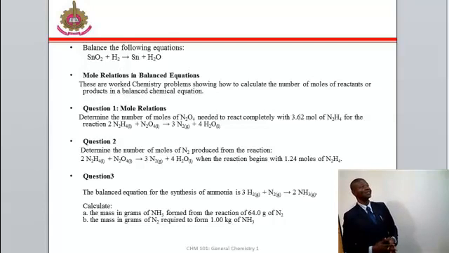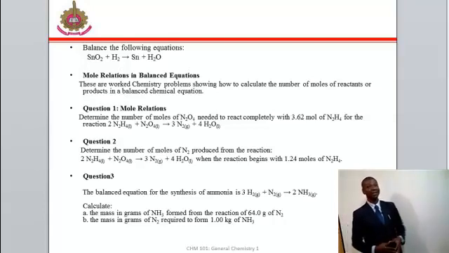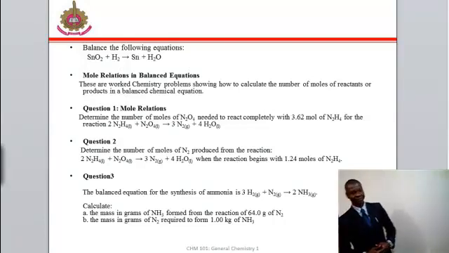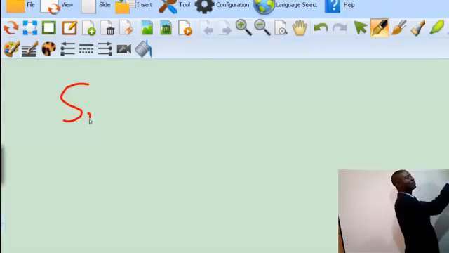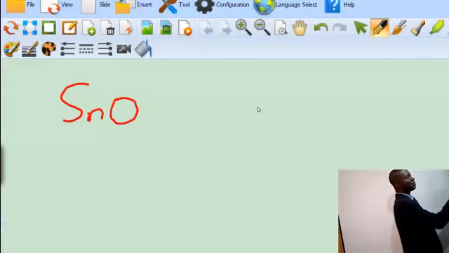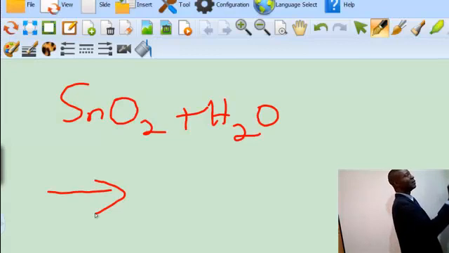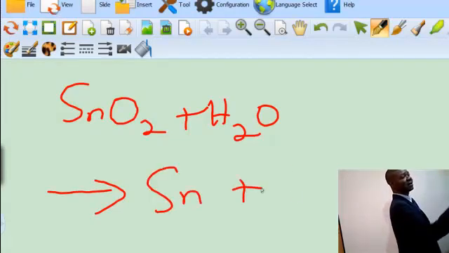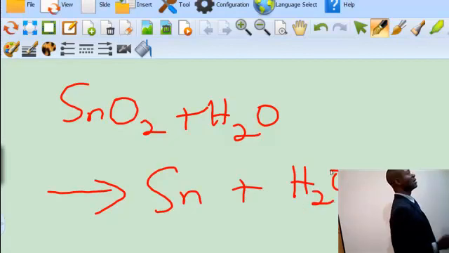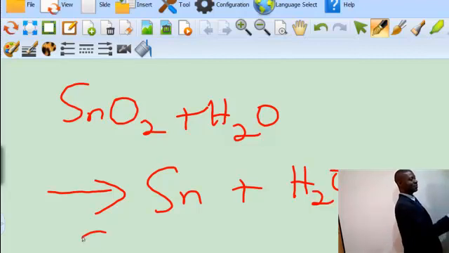When you look at it, you see that it's not balanced. How do you balance it? You take the elements one after the other. So, when we take tin first, we have tin to give tin plus water. Let's identify the elements first.